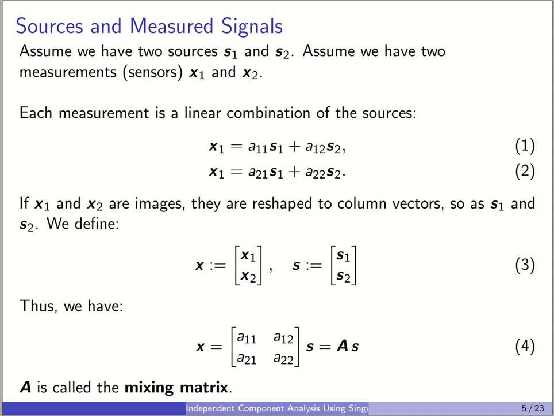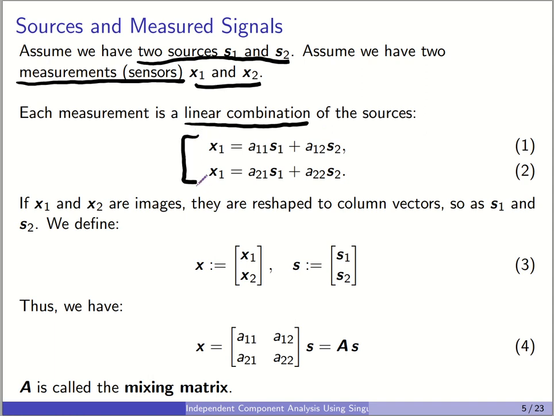Now let's go into the mathematical notation of ICA. Assume we have two sources, as we discussed earlier, S1 and S2. So we have two measurements or sensors, X1 and X2. We assume that each measurement is a linear combination of the sources, because usually this happens in nature.